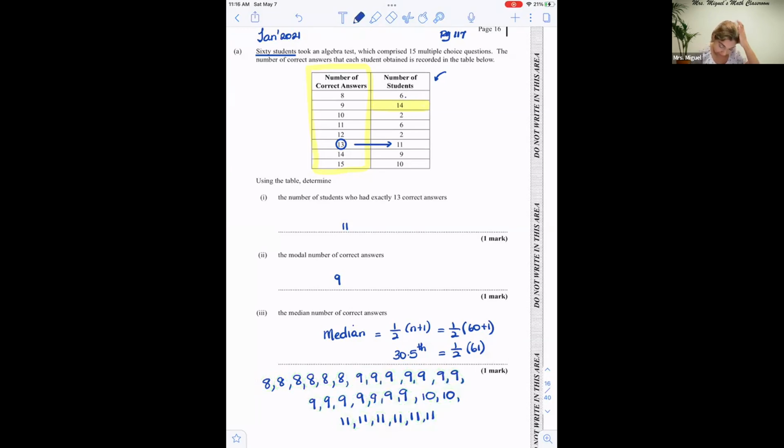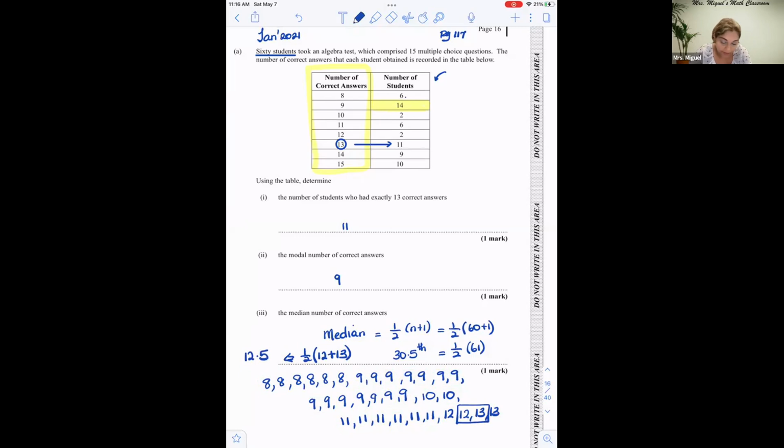So I have to add 12 occurring twice and 13 as well. 28, 29, 30. So it is the average of these two values. So it is a half of 12 plus 13. So the median is 12.5.